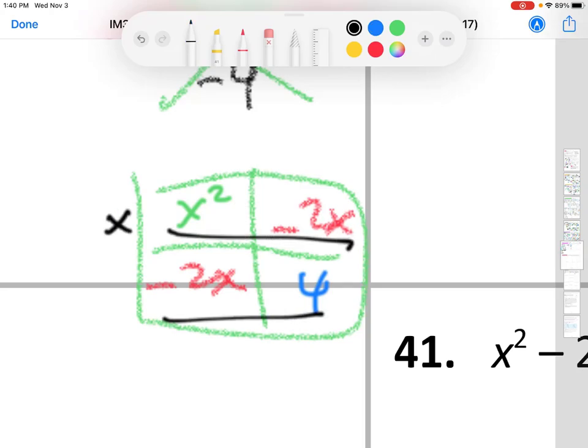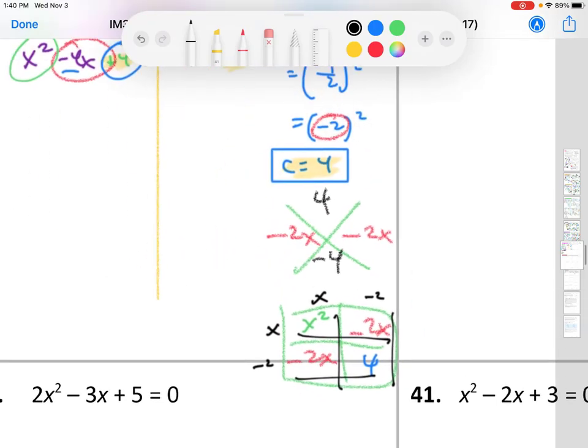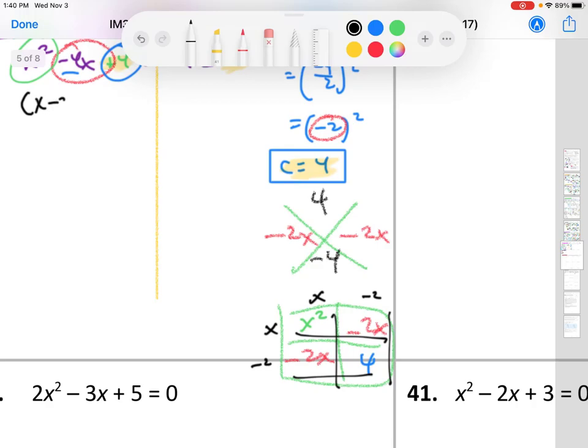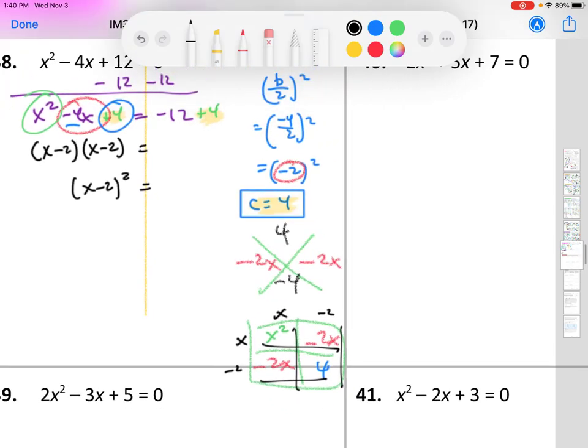Greatest common factor is x, negative 2. Remember, these are always going to be the same because you need a perfect square trinomial. What's a perfect square trinomial? It's just when these binomials I'm writing right here are the same. You get x minus 2 squared, and that becomes negative 8.